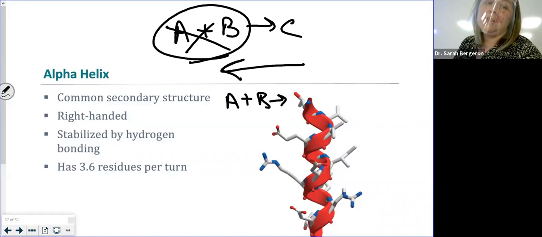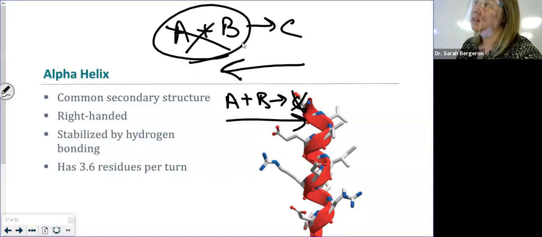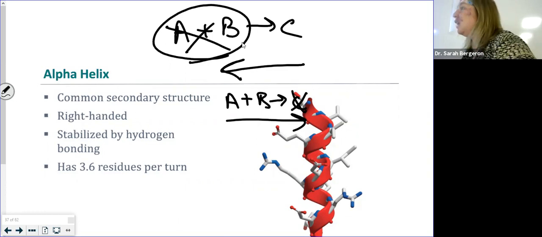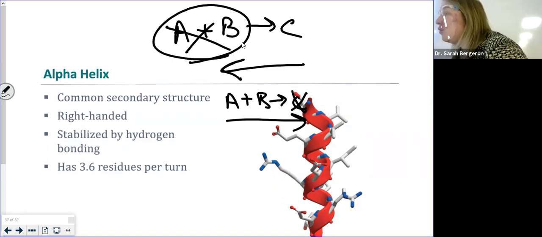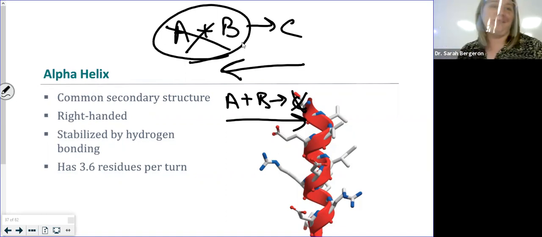A plus B goes to C. If you want it to go this way, you remove product. So it's all about everything's at an equilibrium. So if you change the equilibrium concentrations, then you can shift a reaction one way or the other, whatever you want it to do. But it just depends on what the delta G value is for the forward or the reverse reaction. So I wrote the question backwards, is what I'm saying. Does that make sense?